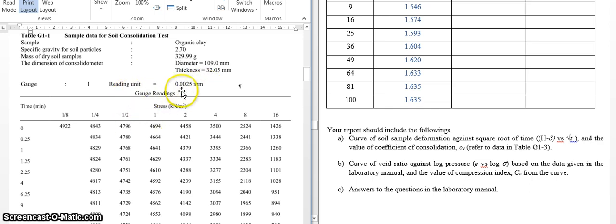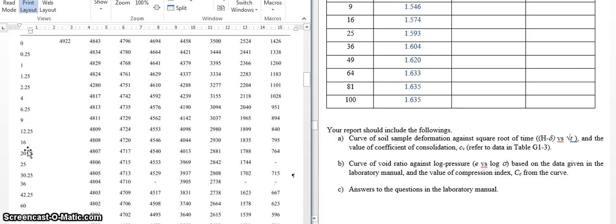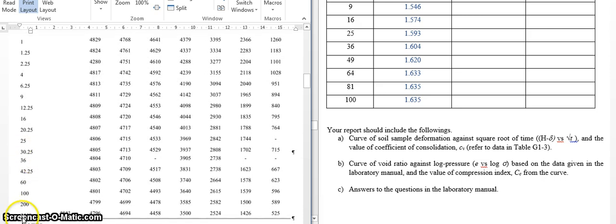This is the list of your readings for the stresses of 1/8, 1/4, 1/2, 1, 2 until 16 kilopascal, and for the respective time up to 24 hours. It is in minutes, but it's actually equal to 24 hours.